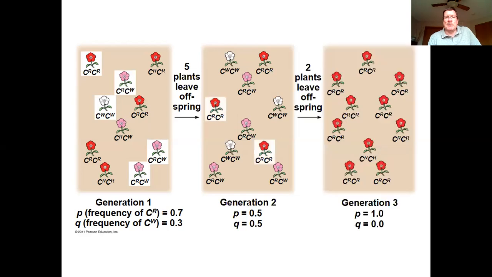But then what happens if only 2 of those plants leave offspring and they're all red and all homozygous dominant? That's genetic drift. In small populations, you can deviate quickly because not everyone is reproducing, and you can really lose alleles. Now in that small population, there is only one allele, and everybody will be that direction.